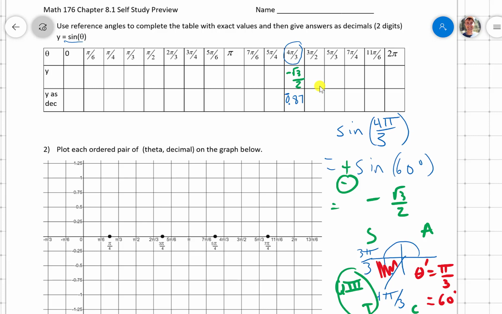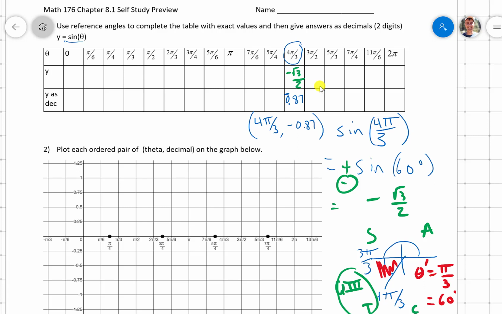Now, that makes an ordered pair. I have an exact answer pair and a round off. So the pair would be 4 pi thirds and negative 0.87. Now I'm going to ask you to graph that point on the XY system.